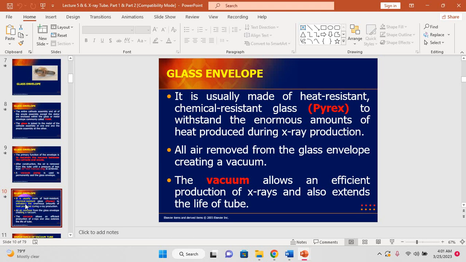The vacuum allows efficient production of X-rays and also extends the life of the tube. Again, if air enters the vacuum, it will affect the efficiency of X-ray production.